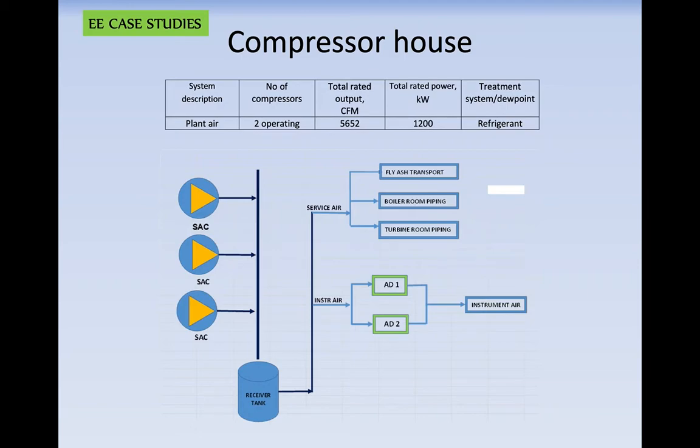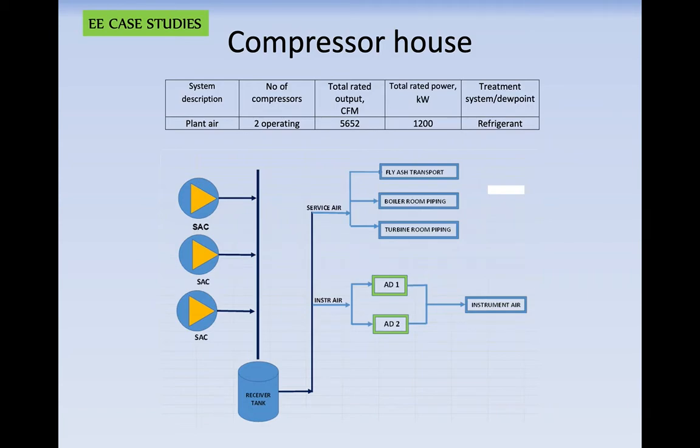So we need an air dryer to reduce the water content in the compressed air system in order to be suitable for instrument air purposes.